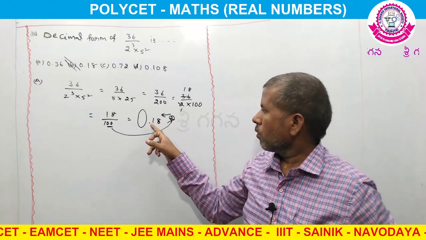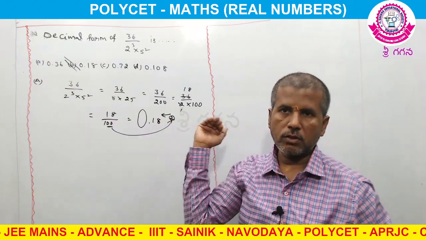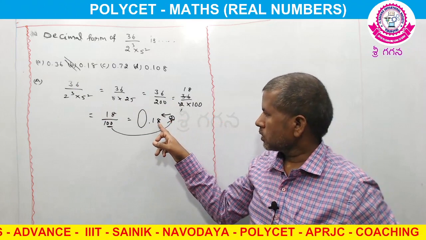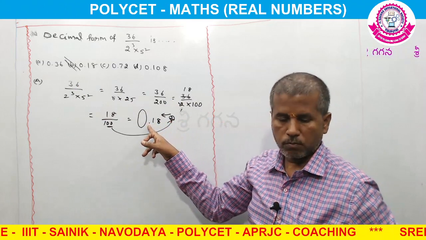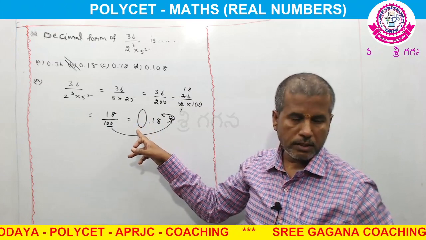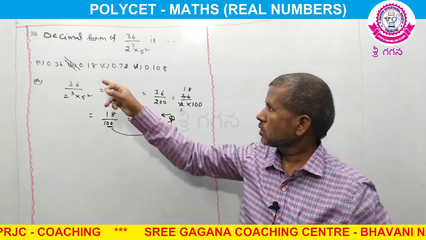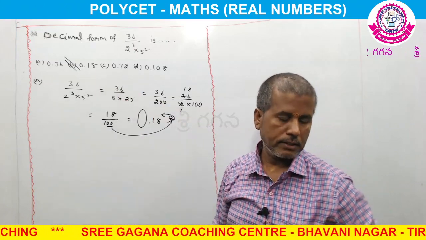So 1 8, from left to right, 2 numbers after the point. Before the point there is no number, that means 0. So our answer is 0.18. So 0.18 is the best answer.